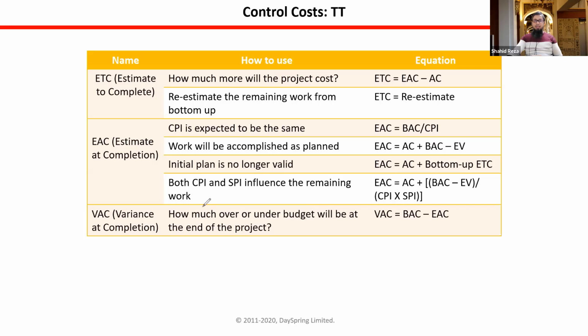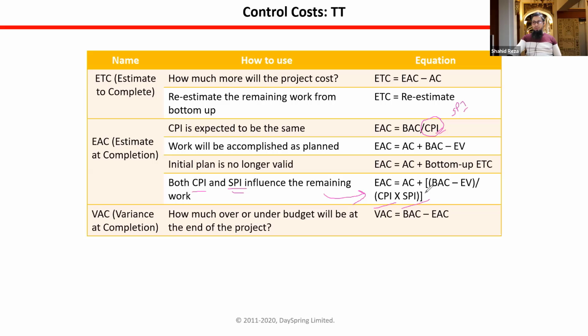The last one: here we use only CPI, we have not used any SPI. We have only considered the cost performance. But if you understand that schedule performance index is also going to influence the progress of the project, then it is better to use CPI and SPI in this formula.